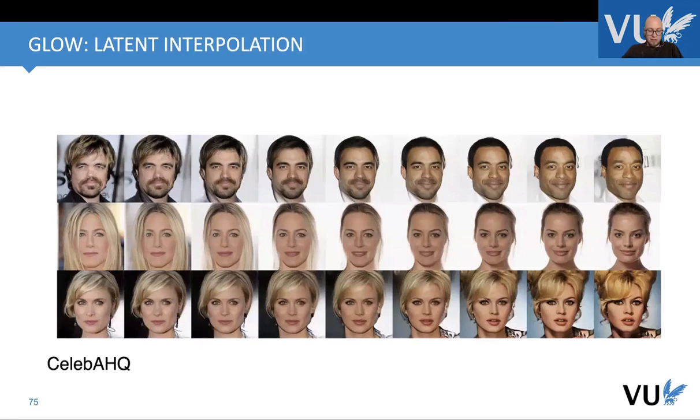Here are interpolations in the latent space. So for instance, they went to the Z space, right? And they did the following. They took an image, like for instance, what's the name, Tyrion, right? And then they went to the latent space Z. They did the same with the other actor.